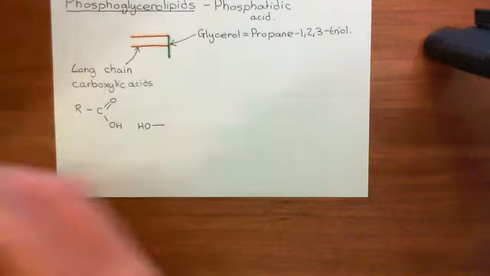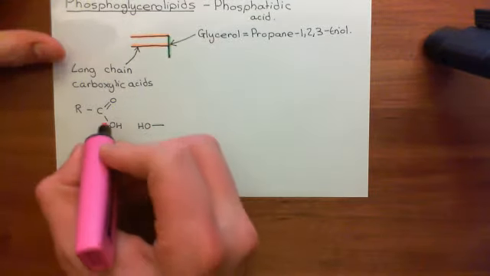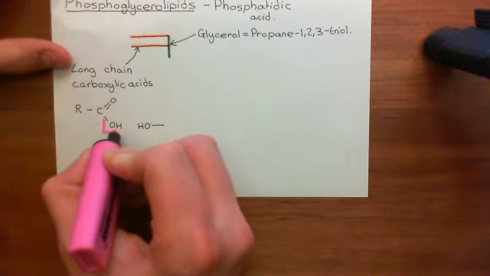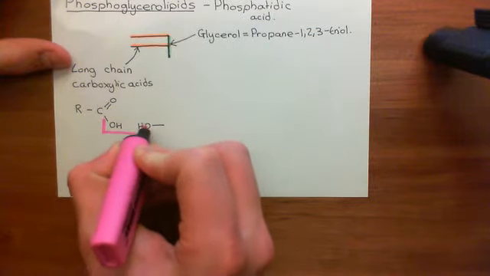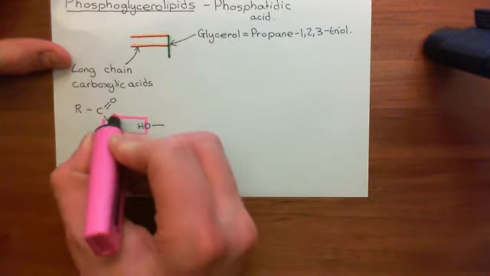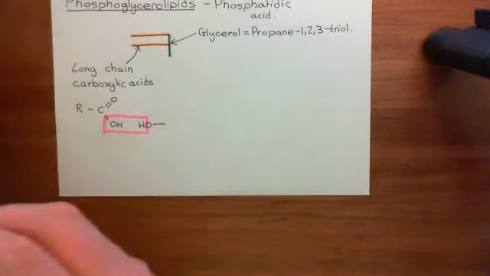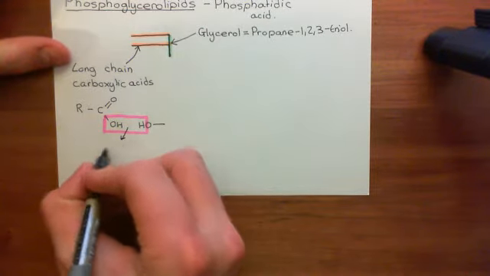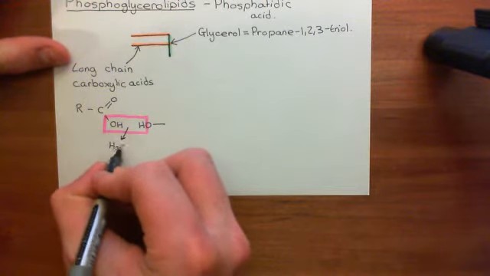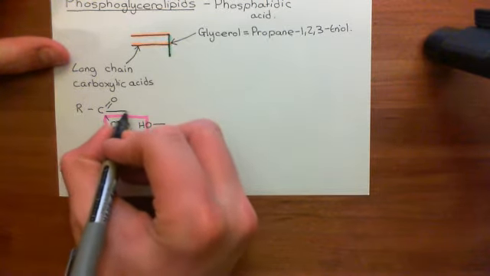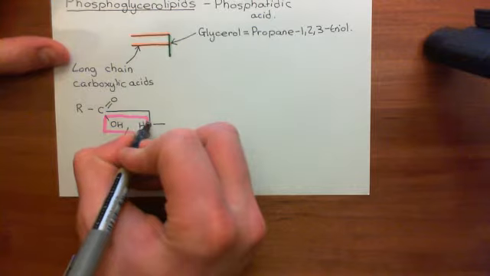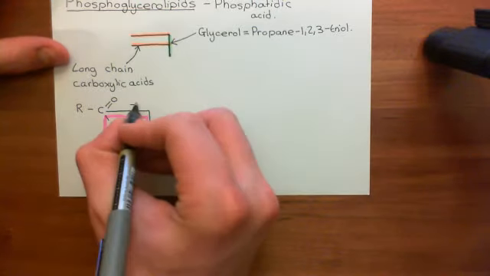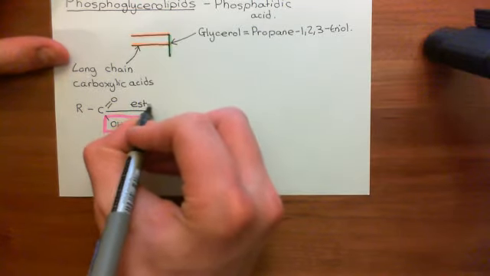The alcohol group is going to come off the carboxylic acid group, and the hydrogen is going to come off the alcohol group. Those two things combine to produce water. Then the carboxylic acid carbon links to the oxygen of the alcohol group, and this is called an ester link.